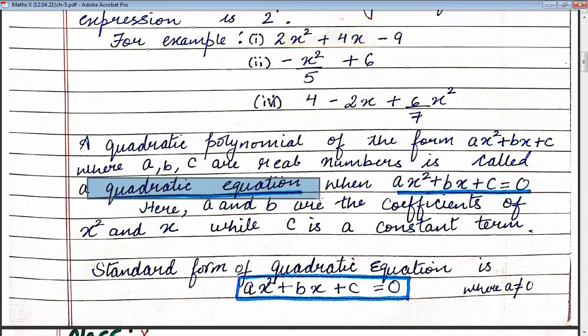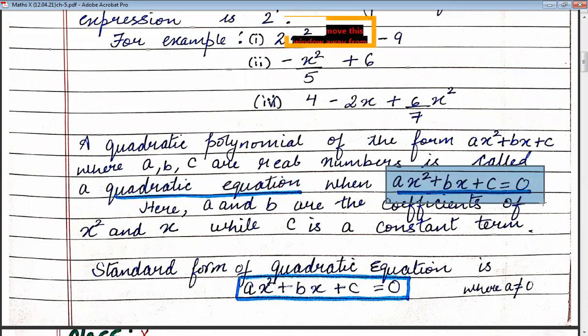So the quadratic equation is in the form ax² + bx + c = 0. This is the standard form of a quadratic equation, where a and b are the coefficients of x² and x, and c is the constant term. I'll repeat: a and b are the coefficients of x² and x, while c is the constant term.